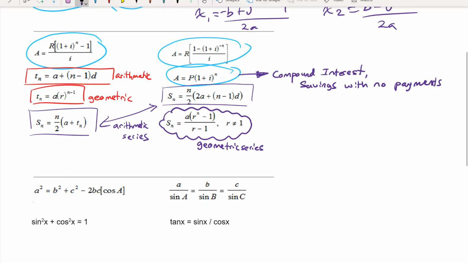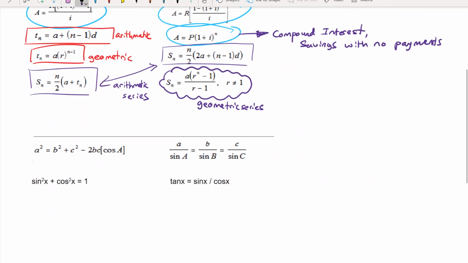Another example of something we can use for savings is this formula right here. The main difference is that we are contributing regular payments, and that is with the value R. That's represented by the letter R in that formula.